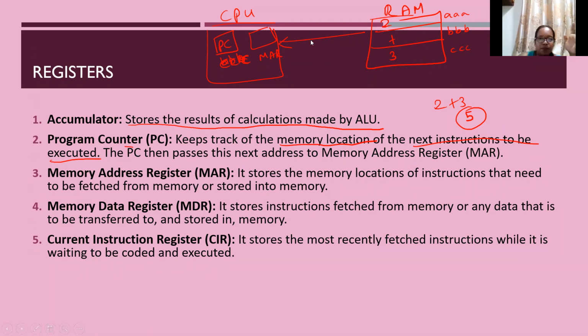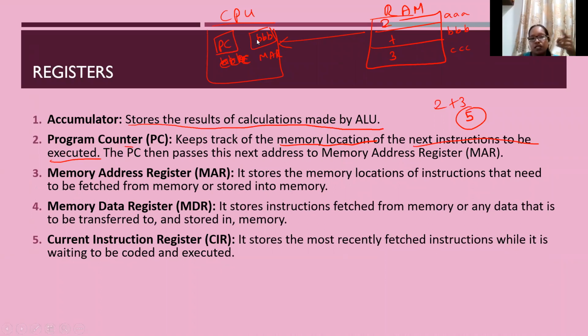Right now, say CCC is the instruction that is to be taken next. Now, what is the memory address it is currently processing? That is BBB. The currently executing thing is the BBB one. The next instruction to be executed is CCC.